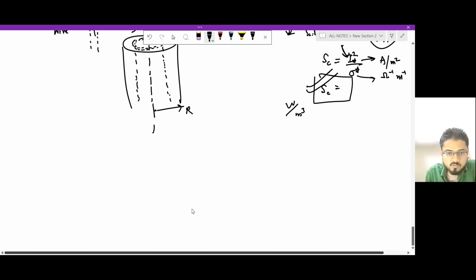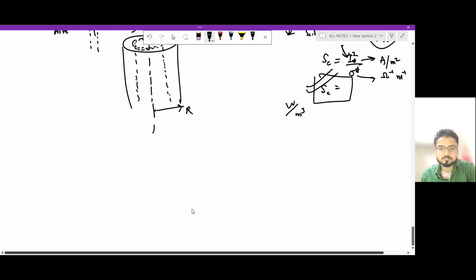Let me just, so everywhere it is QR, QR, QR right here. This interval has QR, watt per meter square, the heat flux. So this becomes 2 pi RL times QR at R would be equal to 2 pi RL times QR at R plus delta R. Excuse me.